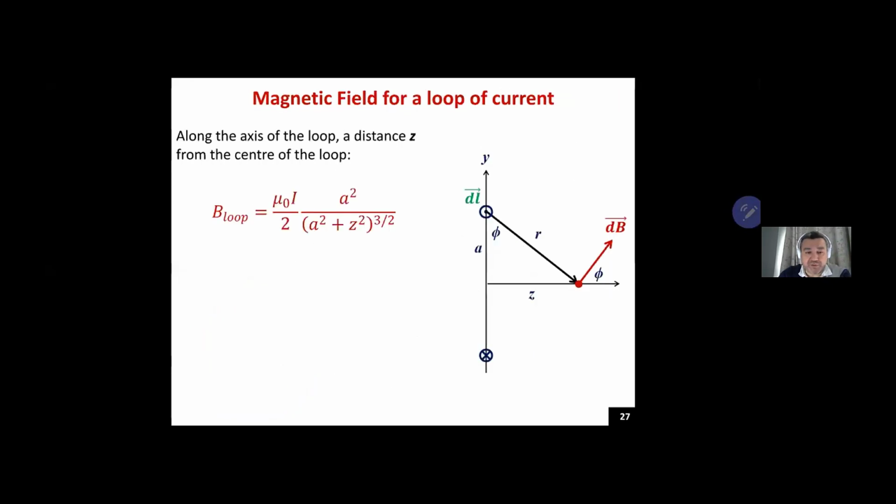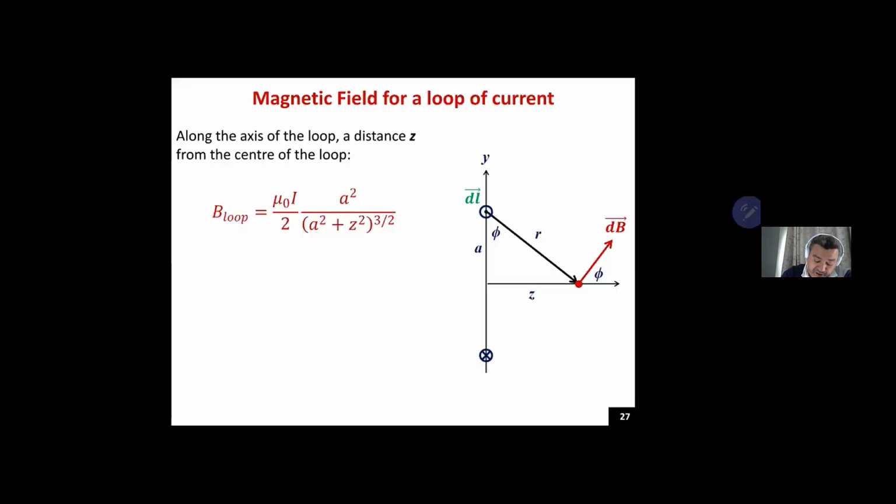This is the magnitude of the magnetic field due to a loop at an elevated point of z. B loop equals mu naught I over 2 times a squared, where a is the radius of the loop, divided by a squared plus z squared to the power 3 over 2.